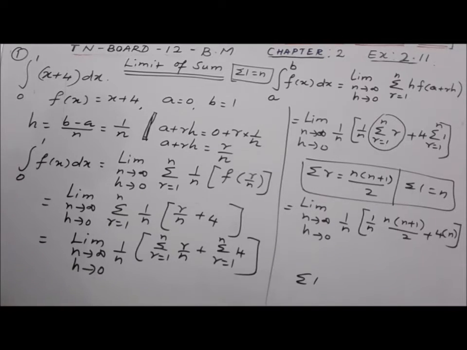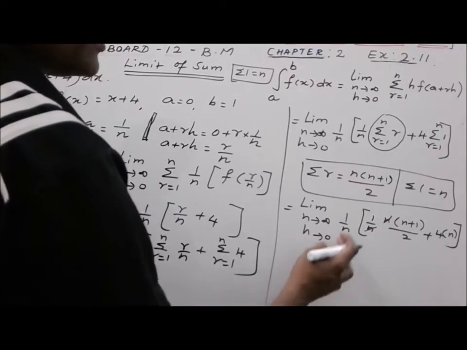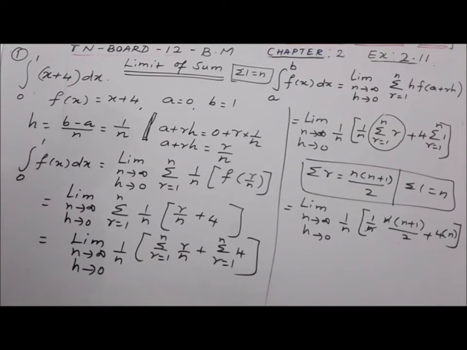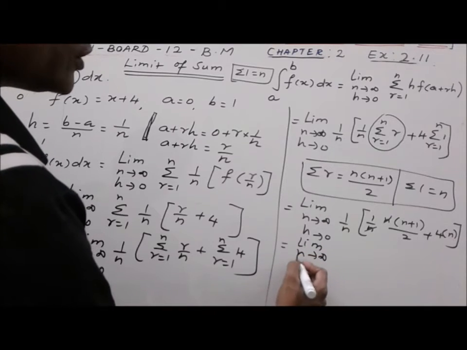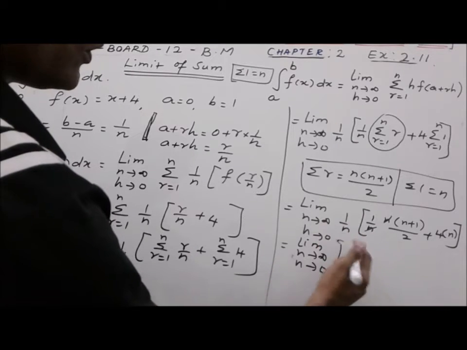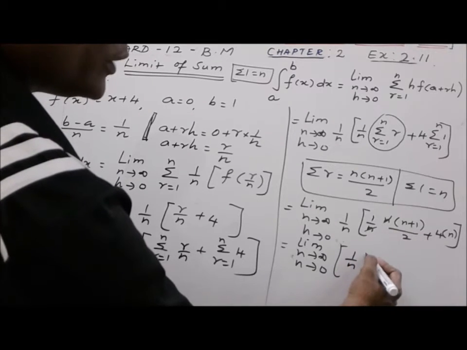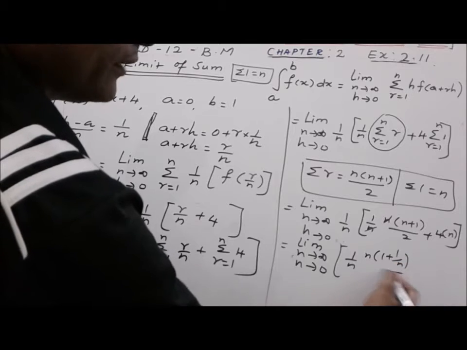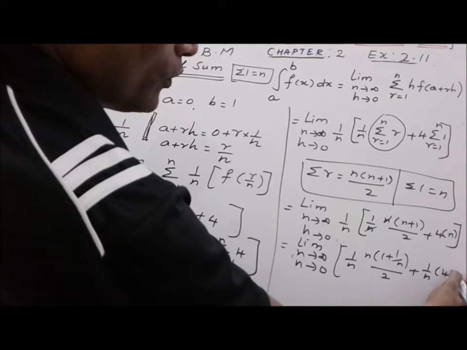Now cancelling these two n, multiplying this 1 by n inside, we will get that is equal to limit n tend to infinity, h tend to 0, multiplying 1 by n inside, 1 by n into, taking n as common from these two, n into 1 plus 1 by n divided by 2, plus multiplying 1 by n to the next term, 1 by n into 4n.